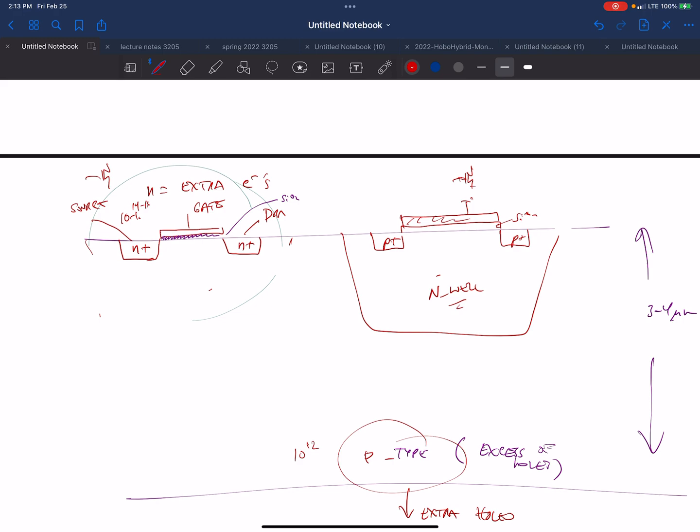So the silicon dioxide has to be extremely pure. This is the real reason silicon won as a material: the silicon dioxide system. Does that make sense? You can grow silicon dioxide easily and in a very, very pure way.